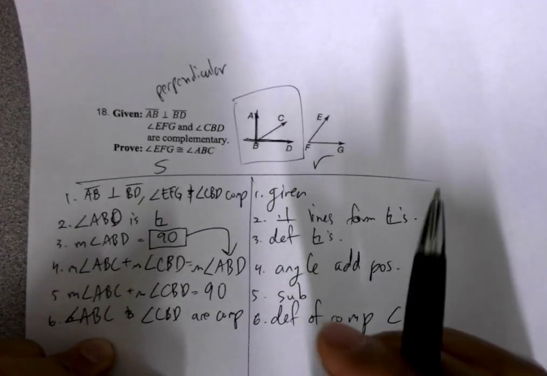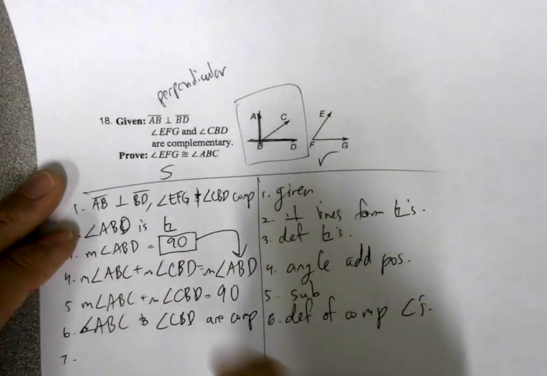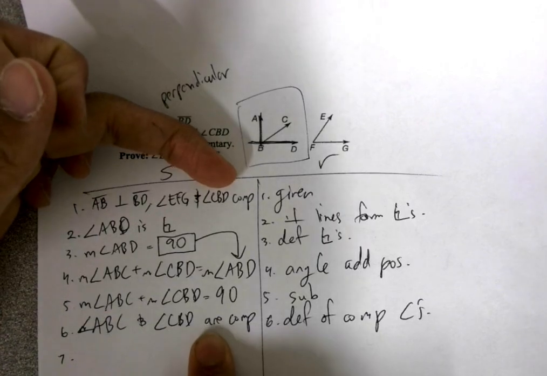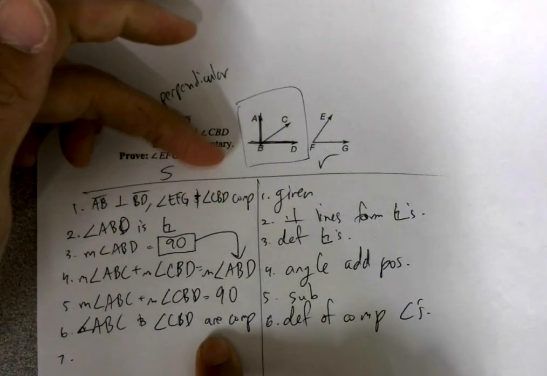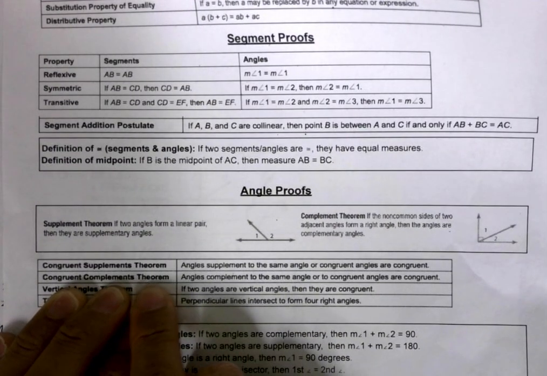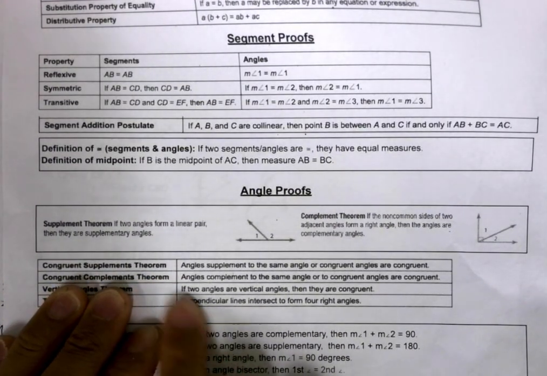All right, great. So now what is going on? Well, we have two comp statements. Great, great. An alarm should be going off, because what do two comp statements unlock? Two comp statements unlock the congruent complements theorem. What do we need to use it?